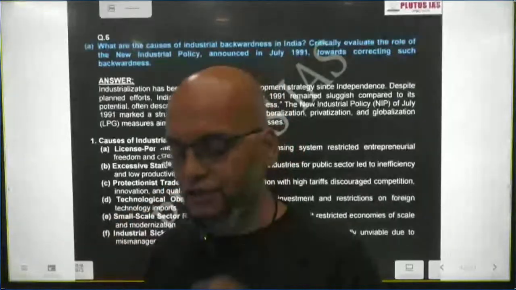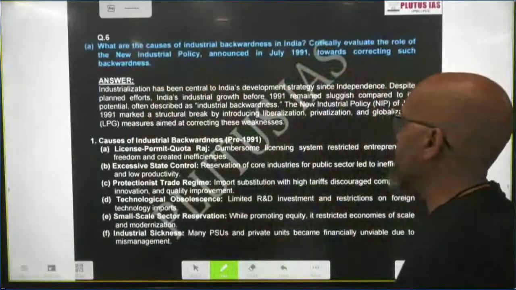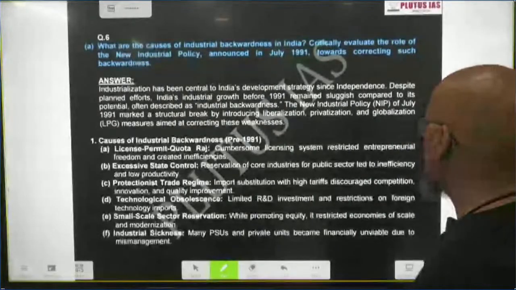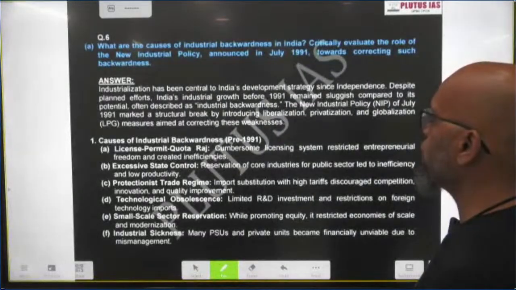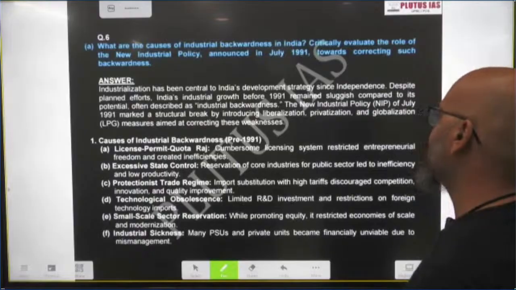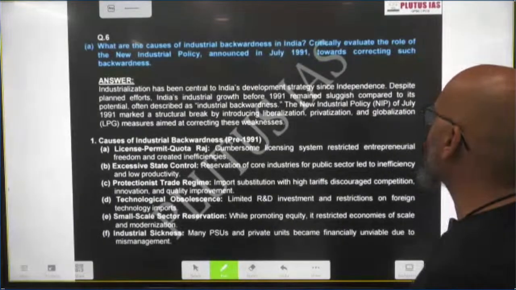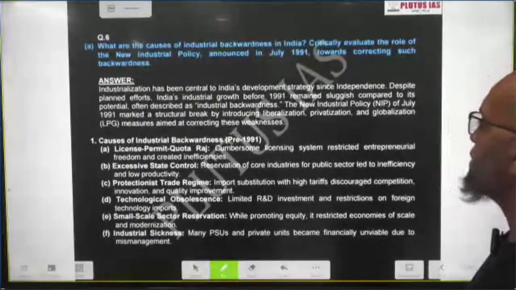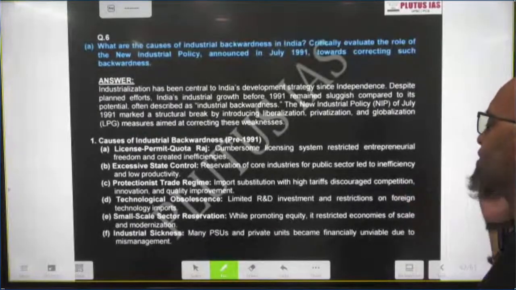So, question number 6. It is saying, what are the causes of industrial backwardness in India? A part of question 6: critically evaluate the role of the new industrial policy announced in July 1991 towards correcting such backwardness. Industrialization has been central to India's development strategy since independence.